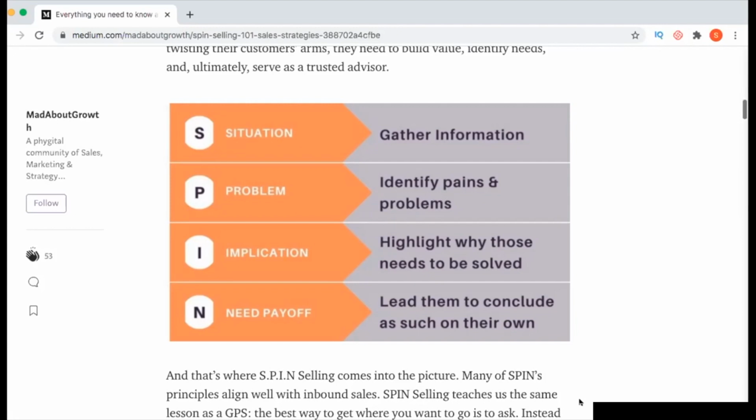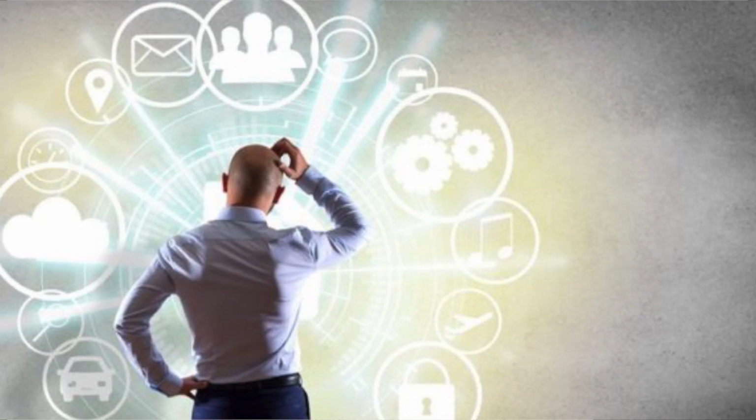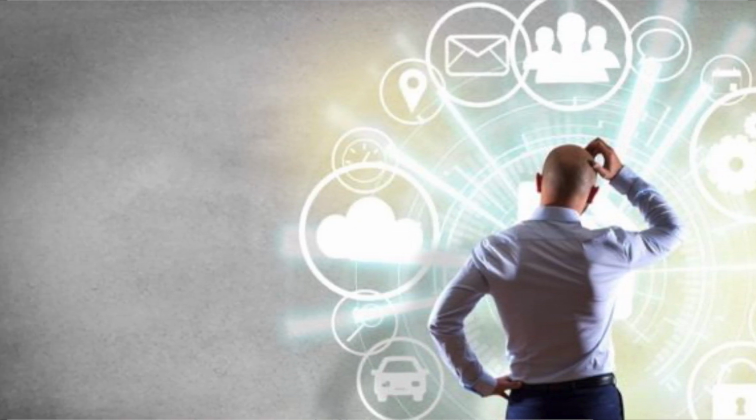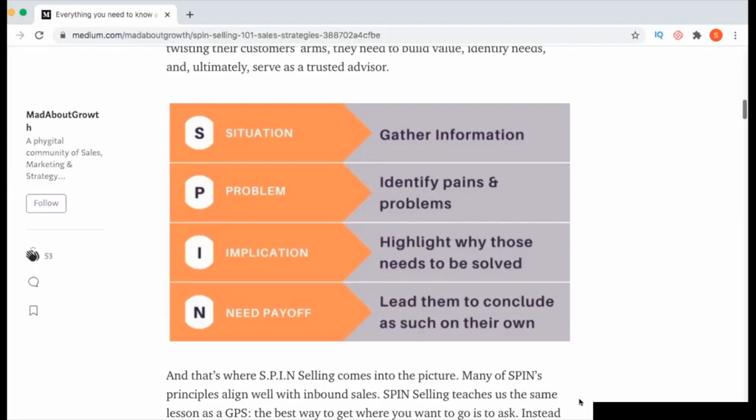In the first step, we need to see what the situation is, which is gathering information: understanding what the problem is, where the issues are, and just gathering information at the first point.